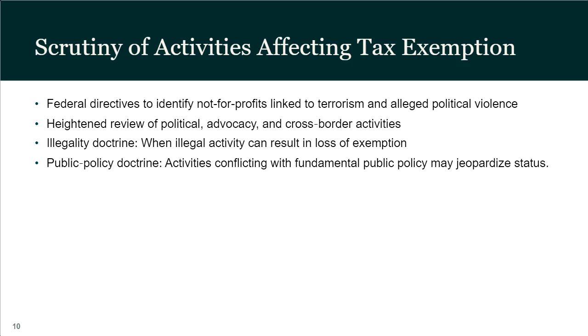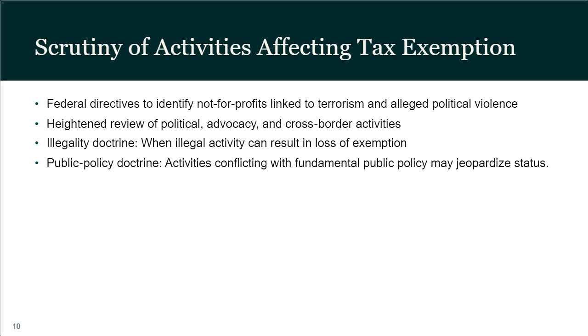So some other things that are happening in a lot of activities, I would say more so this year than ever, is just scrutiny of activities that tax-exempt organizations are doing with regards to some of those federal directives to identify nonprofits linked to terrorism and alleged political violence organizations, heightened review of political advocacy and cross-border activities.